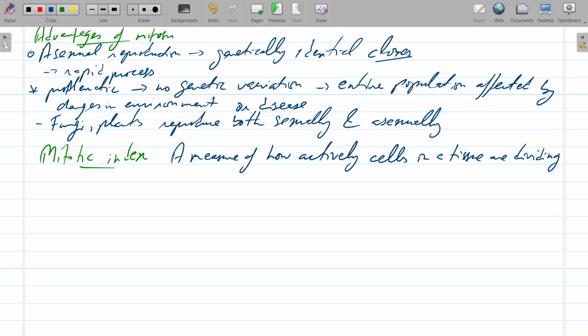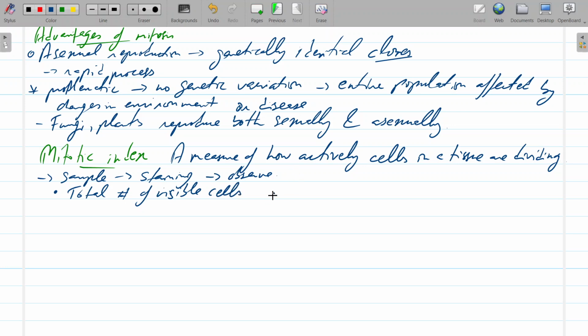And how they figure that out is that they take a sample and they stain it and see the number of cells visible total. So you take a sample, stain, and observe. You observe the total number of visible cells and the number of cells in mitosis.